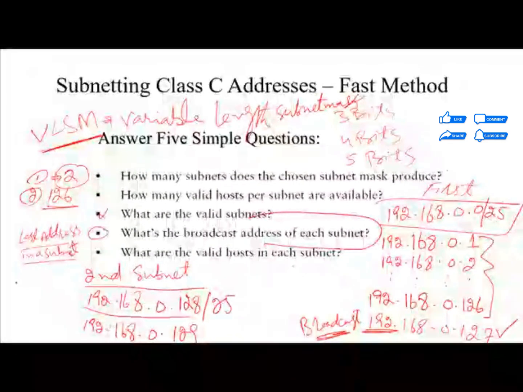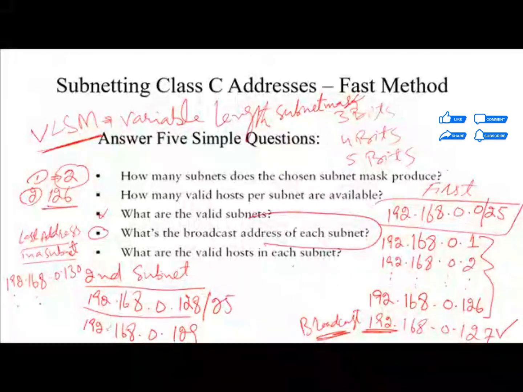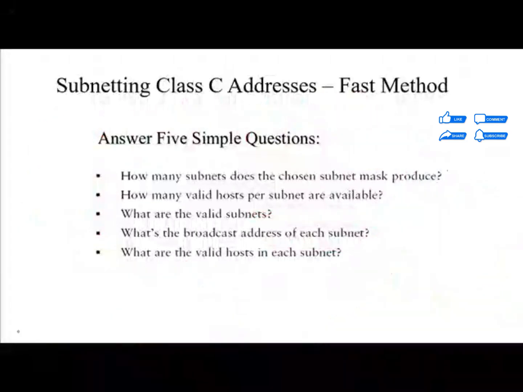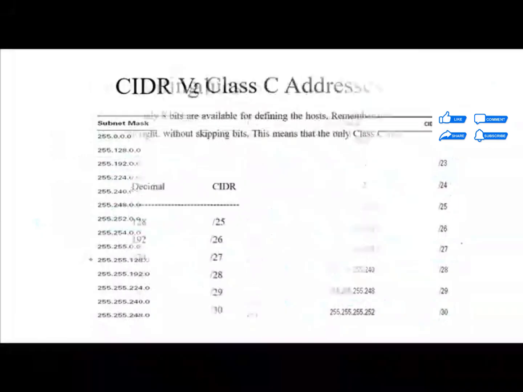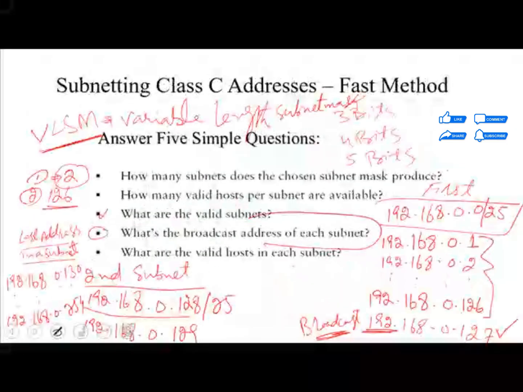You start from 129 and move on, 192.168.0.129, 130 and so on. The last address will be 192.168.0.254. It's tough, you will see, but you need to know.